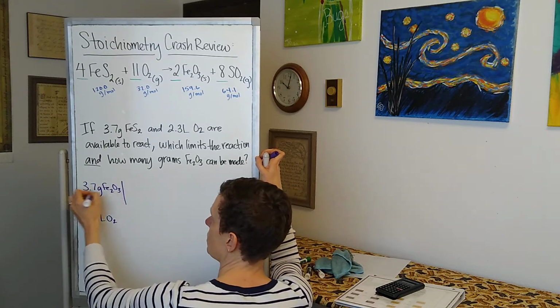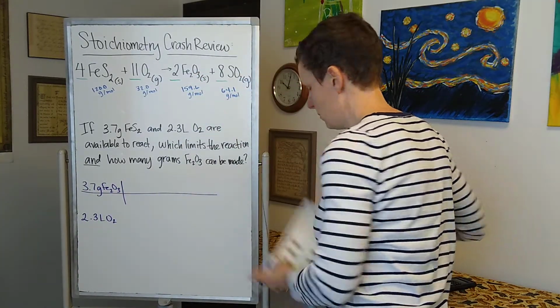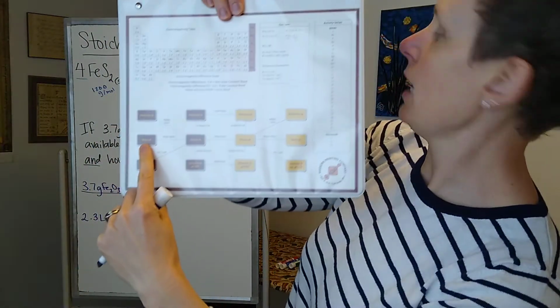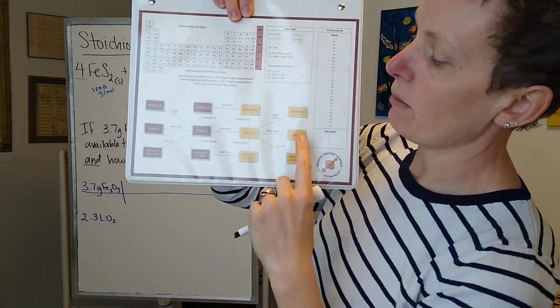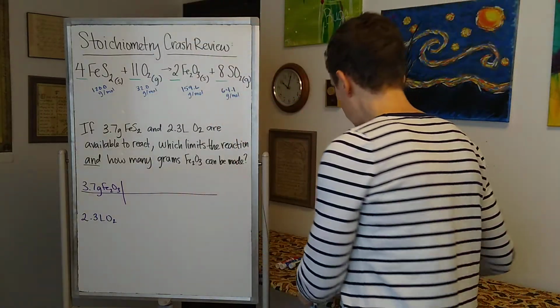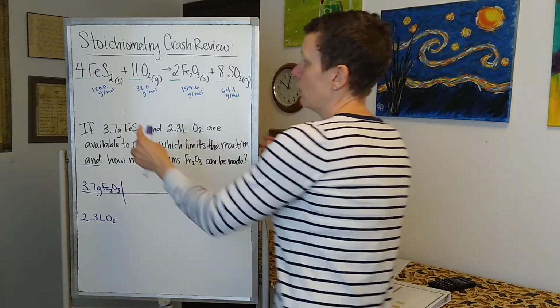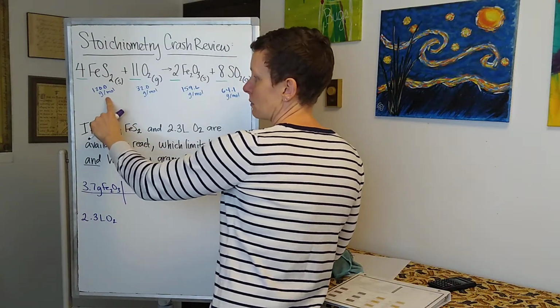I'm going to do this one first. Okay. Again, I am going from mass of substance A, FeS2, all the way to mass of substance B, which is my Fe2O3. Okay. So my first step, if you look at the molar map, is molar mass, which again, I wrote those up here so that we could save some time.